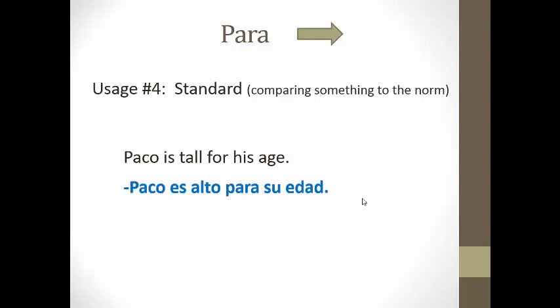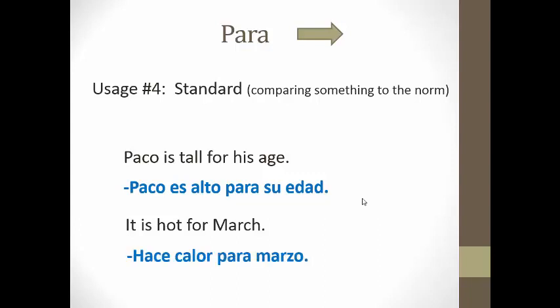To say that, Paco es alto para su edad. Another one, it is hot for March. Okay, so considering March is usually pretty cold, if we have an 80-degree day, this is something you might say. To say that in Spanish, hace calor para marzo. Notice marzo, I didn't capitalize. Months of the year are not capitalized in Spanish.